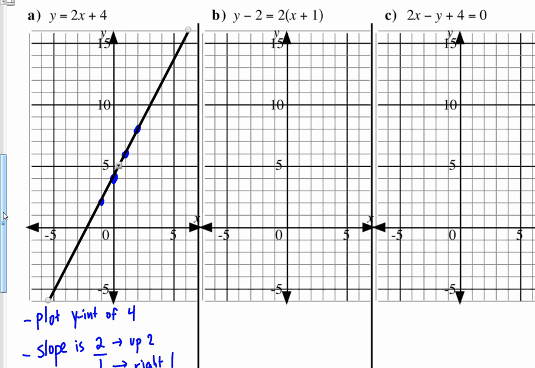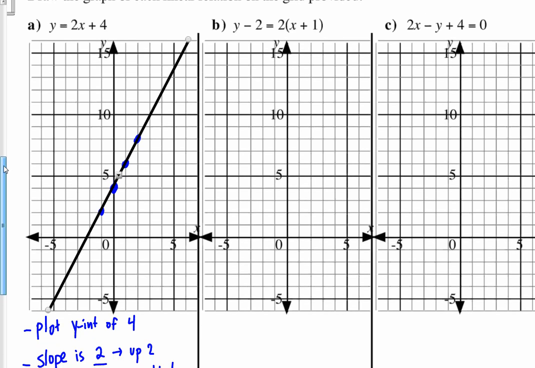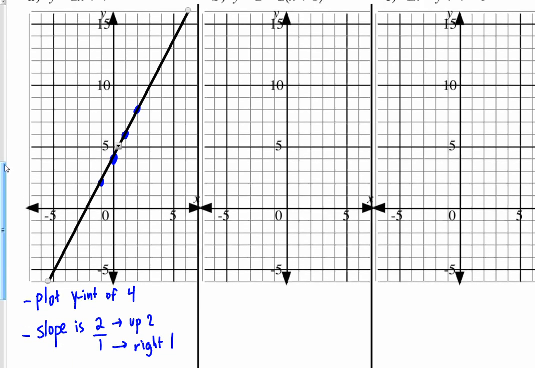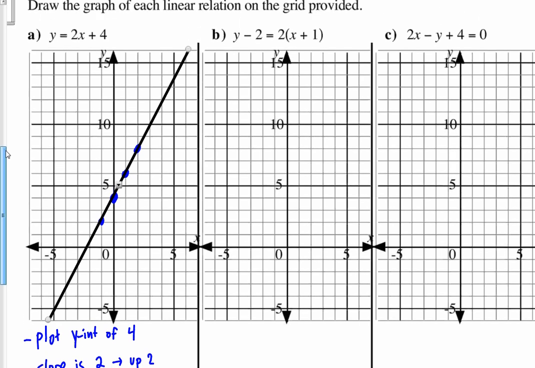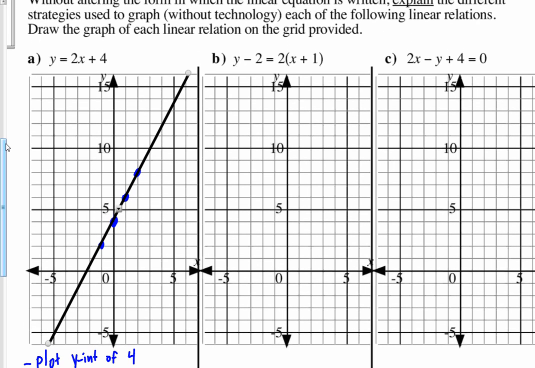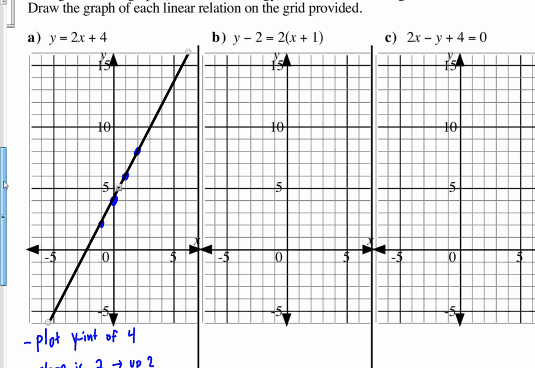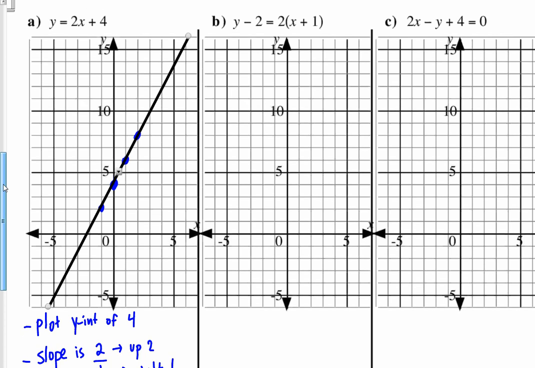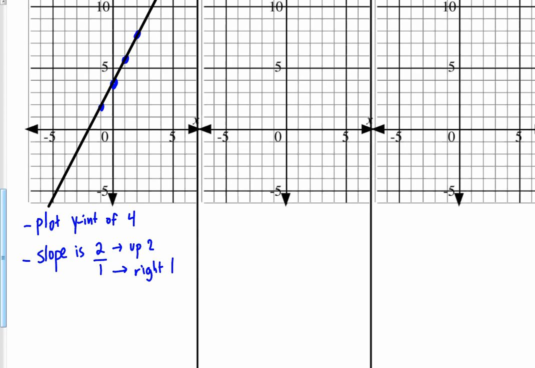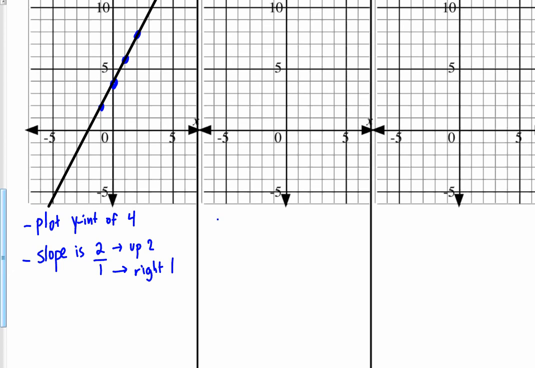Okay, how would you plot the graph? Is everyone done? Yeah? Do you need rulers or are you okay? Just roughly sketch it. How would we plot this graph? Y minus 2 equals 2 times x plus 1. Yeah, Jash? Okay, so we know the point, because this is point slope formula. This has the point. You said negative 1, positive 2.